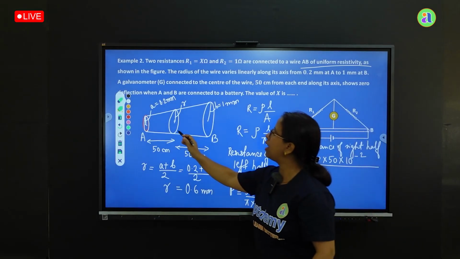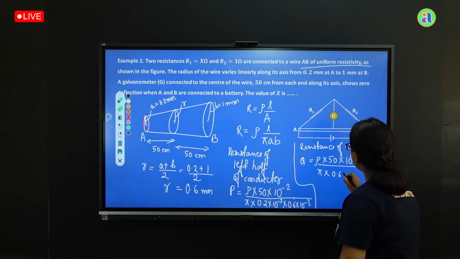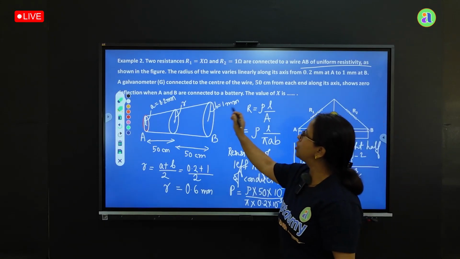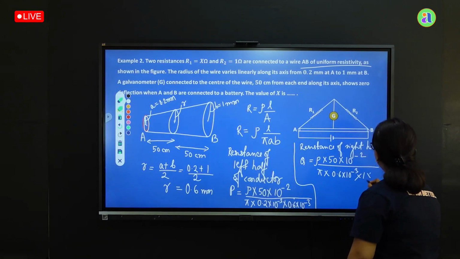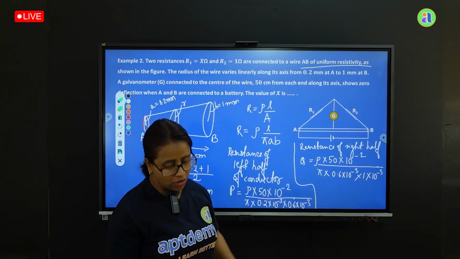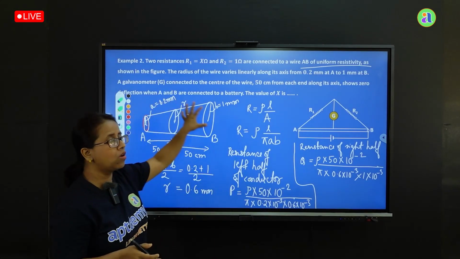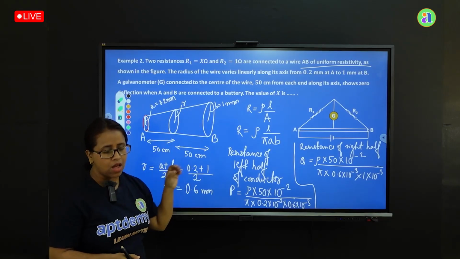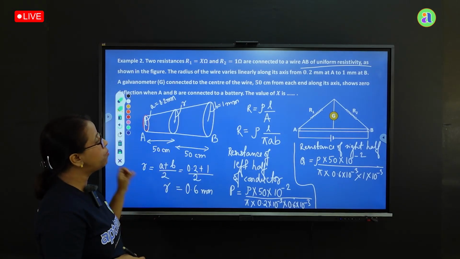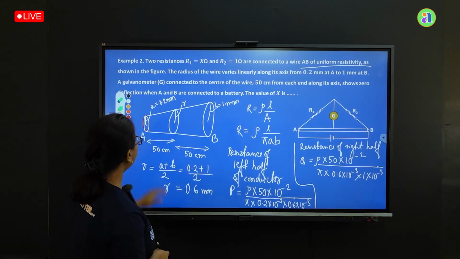What's A now? A is this point, which is R, that's 0.6 times 10 to the power minus 3, times B, which is 1 millimeter, that is 1 times 10 to the power minus 3 meters. So we have successfully written down the expressions for the resistances of the left half and the right half of the conductor. Now time to apply the balanced Wheatstone bridge principle. So let's begin with that.